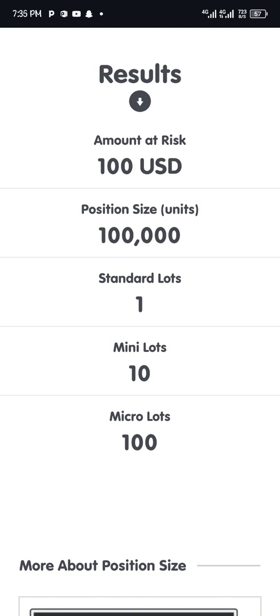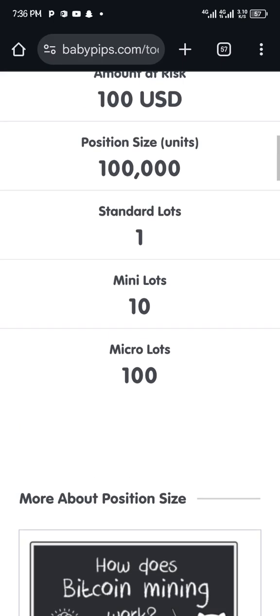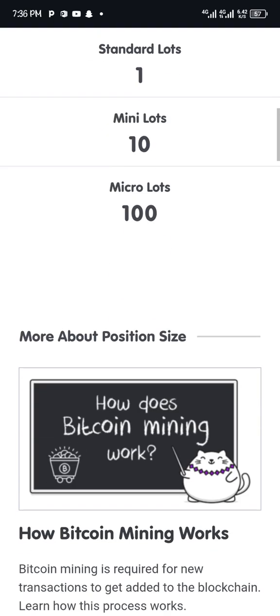It means that this one standard lot size is the same as that $100, as well as that 10 pips. Whatever amount you are going to lose, you're not going to lose more than that or less than that. The mini lot for this is just 10 lots, which you don't have any business with. What you have business with is that standard lot size.